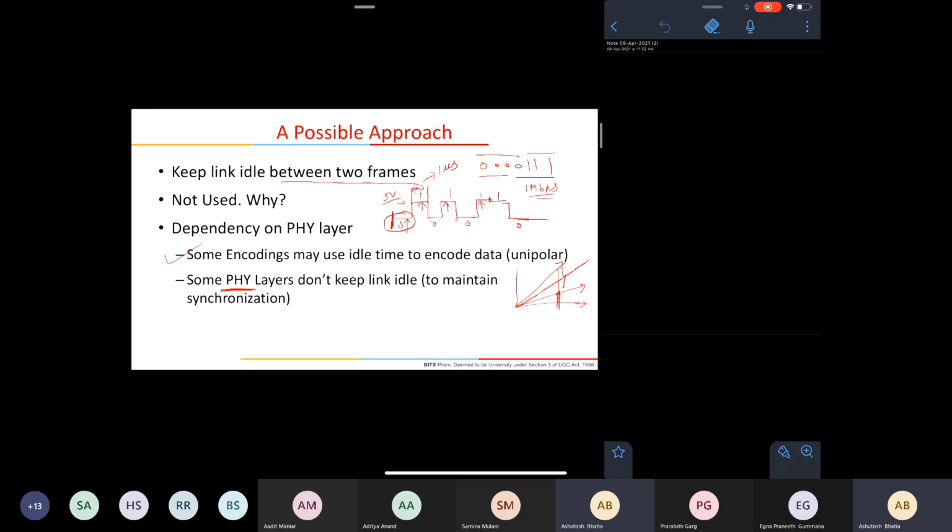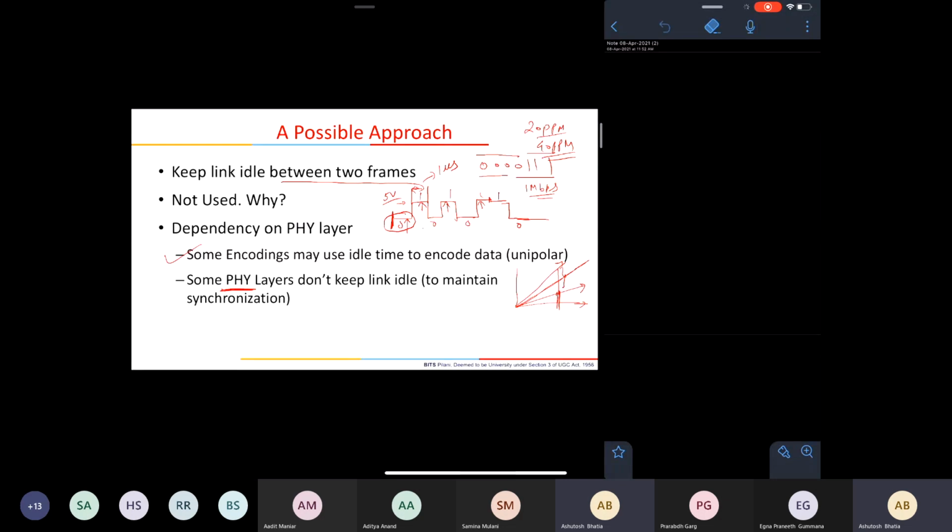Just to tell you, these clocks are designed using crystals, and in this world no two crystals can be made identical. So usually the clock frequency difference between any two devices is at most 20 ppm, or maybe 40 ppm for poor devices. 40 ppm means parts per million.